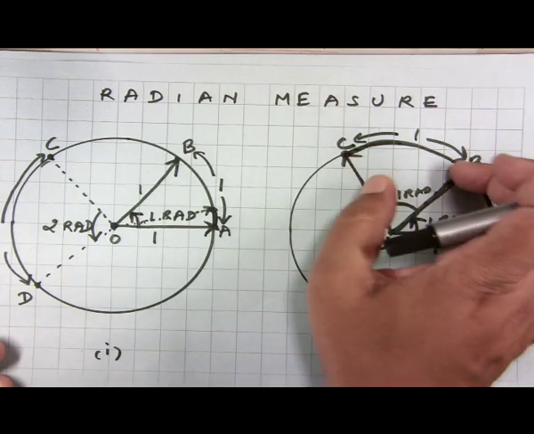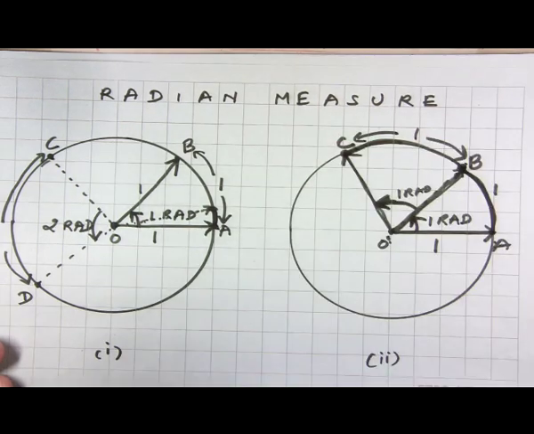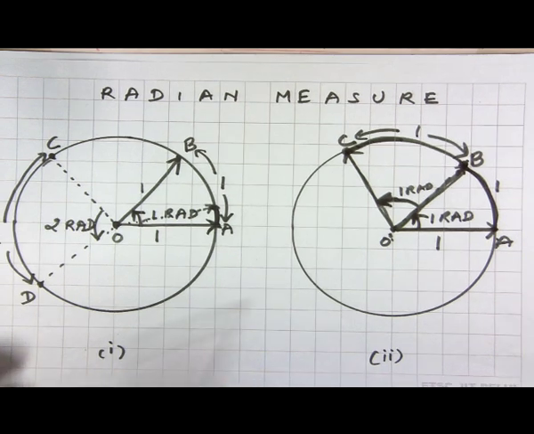Therefore, the length of this arc BC should also be 1 unit.